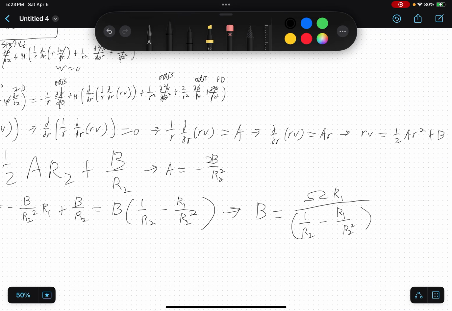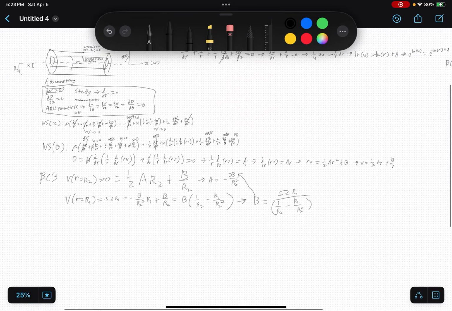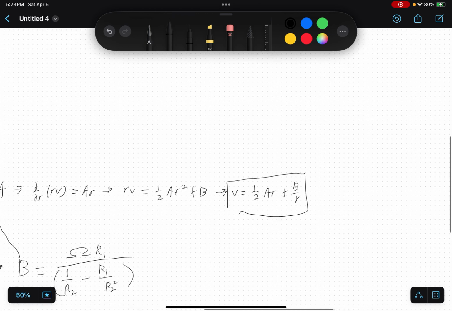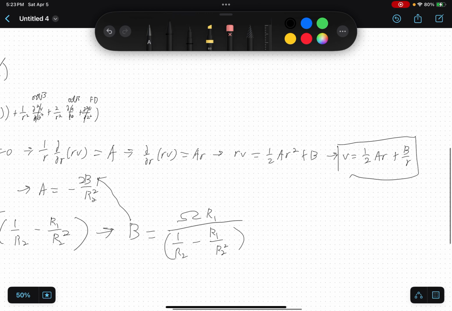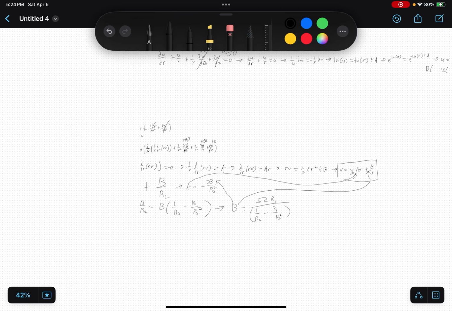But that's b, and then you plug it in up here, and you solve for a. But yeah, that's literally it. This is the final form. You plug in a and b. That's it.